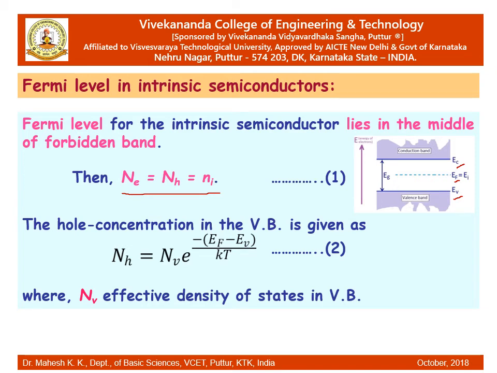Then we have an equation for the hole concentration in the valence band: NH is equal to NV into e to the power minus of EF minus EV divided by KT. Let it be equation 2, where NV is the effective density of states.